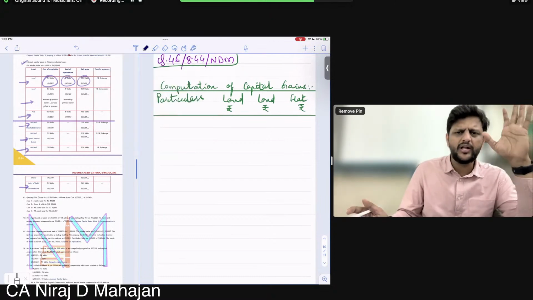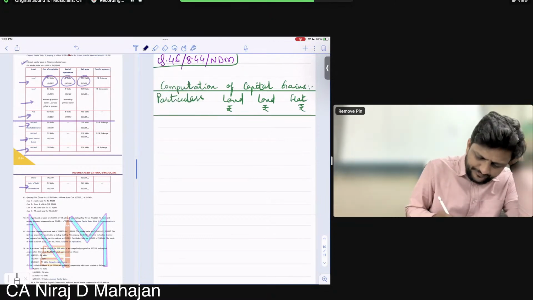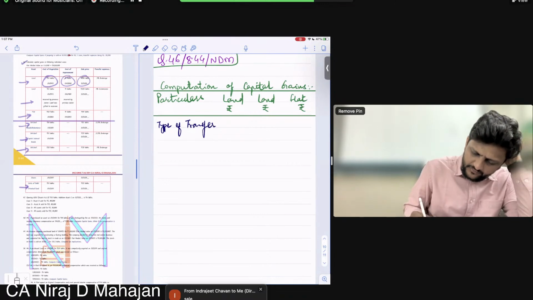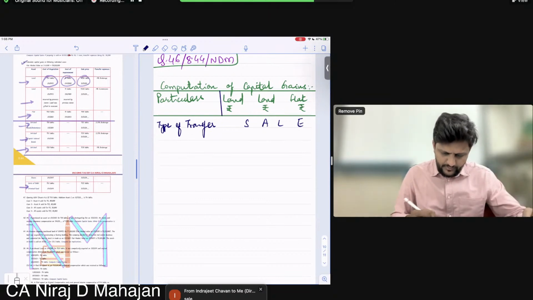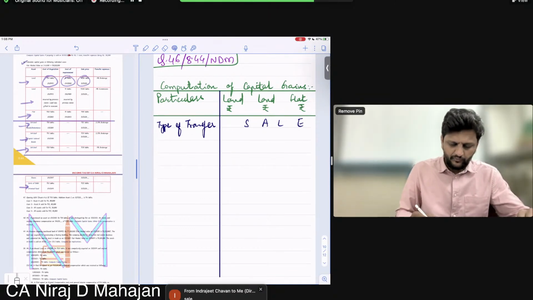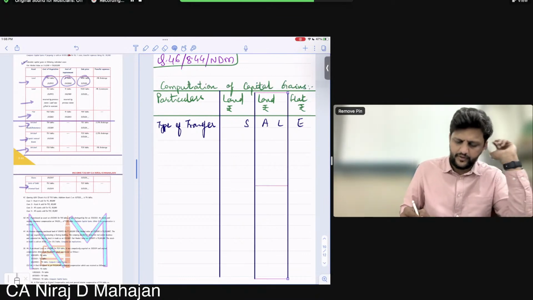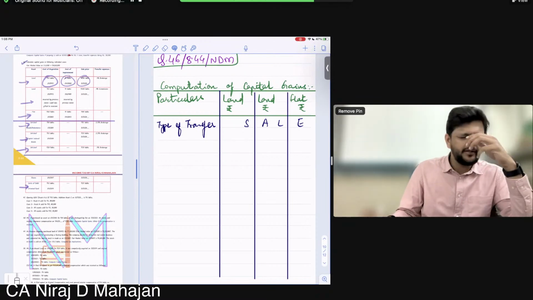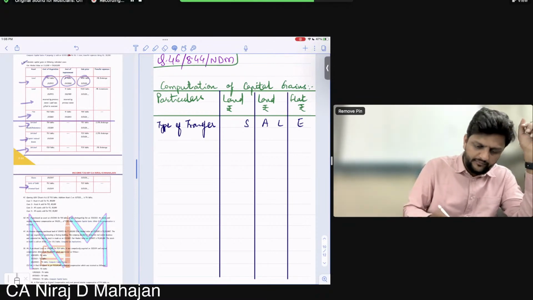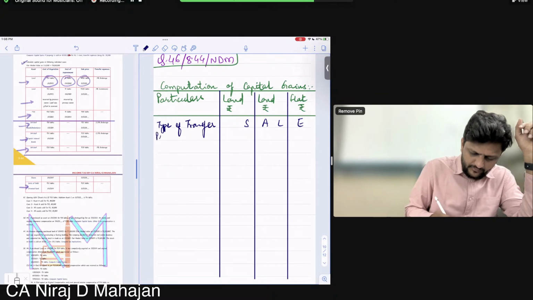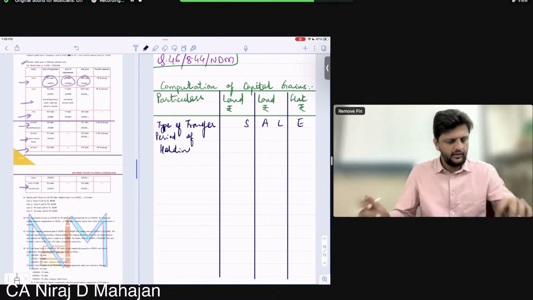Type of asset I've already written: land and flat. Then type of transfer, for all of them I'm writing sale. Because you have to do the calculation separately, I'll make a simple table over here. So type of capital asset, type of transfer, period of holding, this may be different.